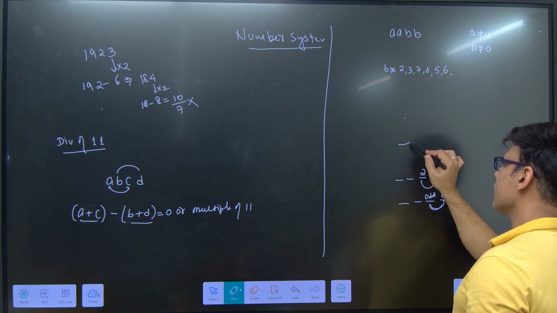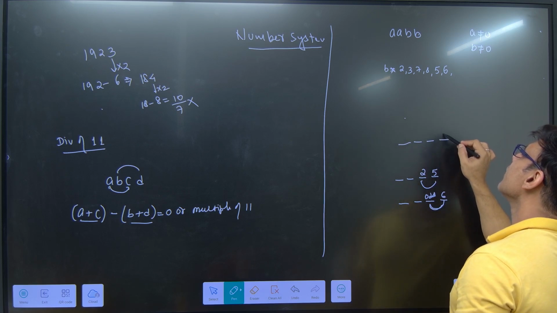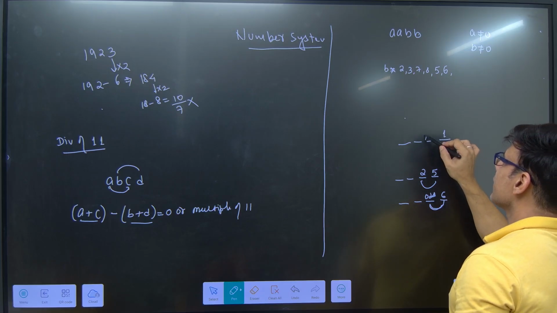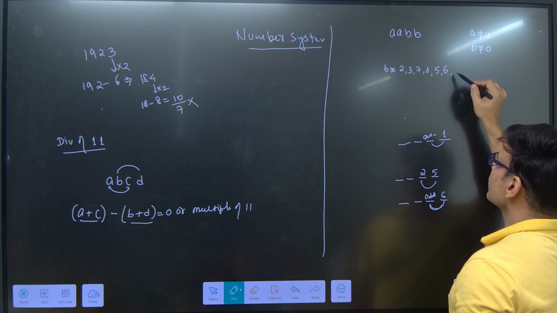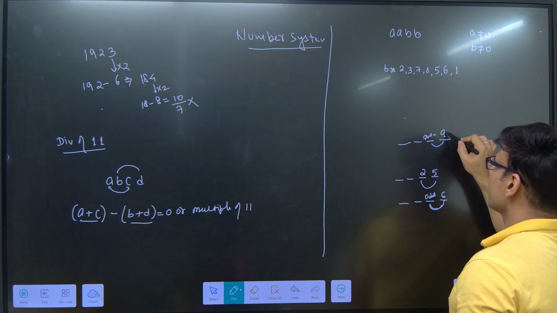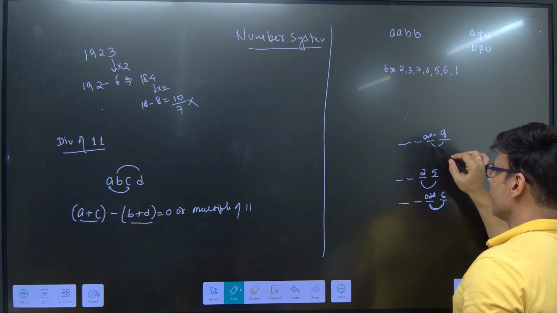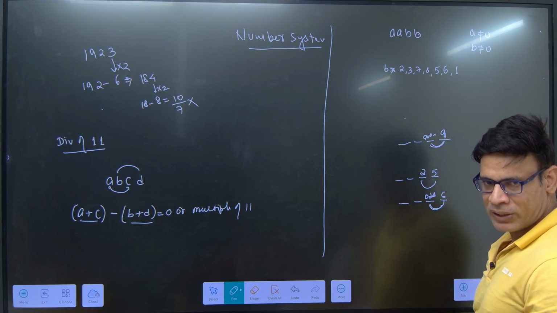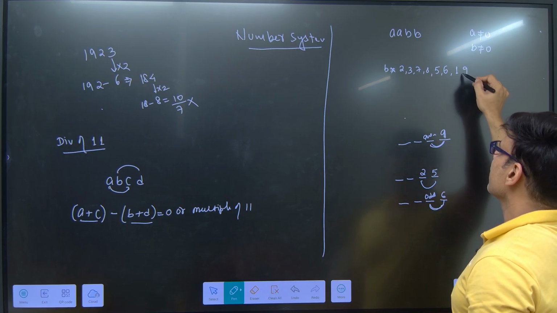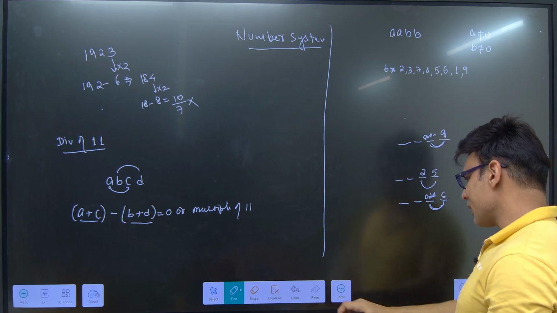Any perfect square which is ending with 1, the previous digit has to be an even number, right? But 1 and even are not the same. You cannot take 1 also. And this cannot be 9 also, because any perfect square ending with 9, the previous digit has to be even. So 9 and even are not the same. Only one choice is left. What is that?